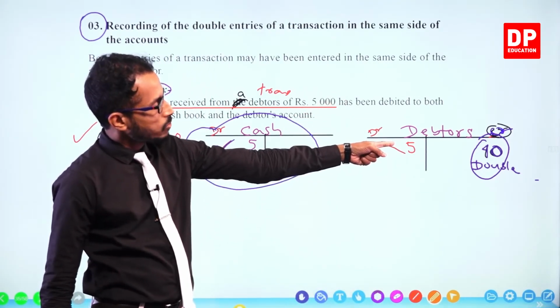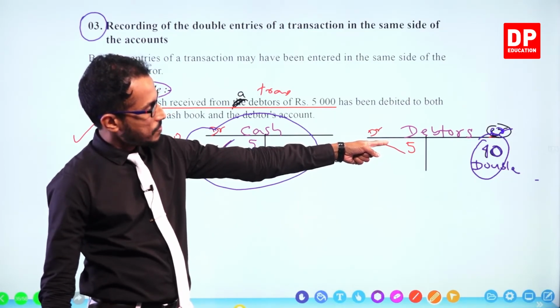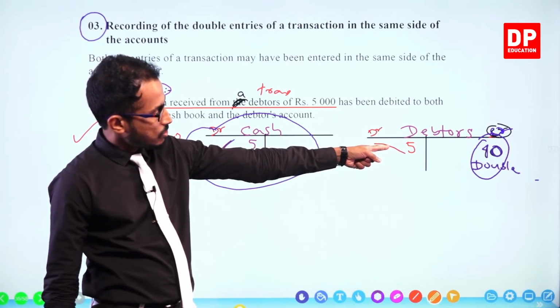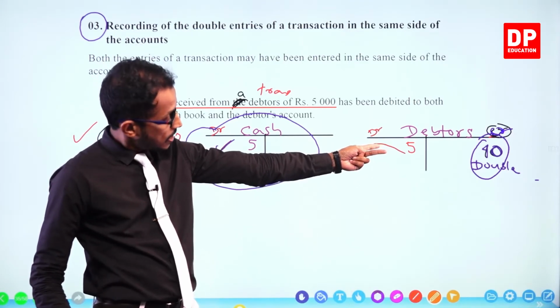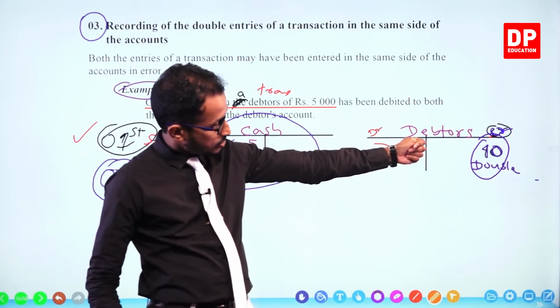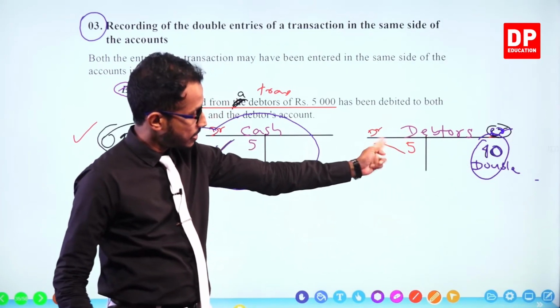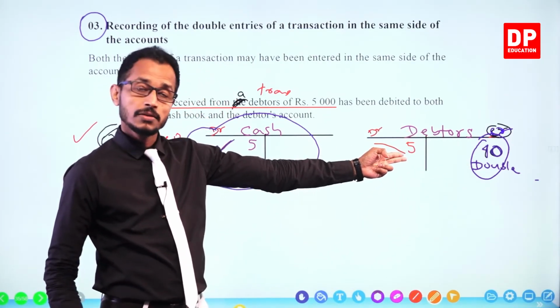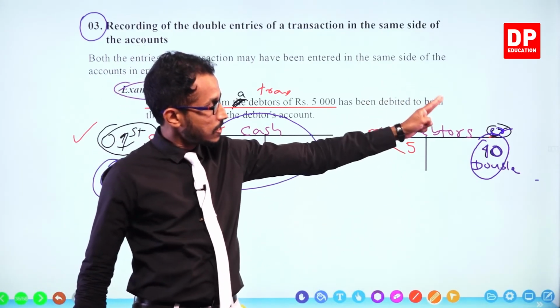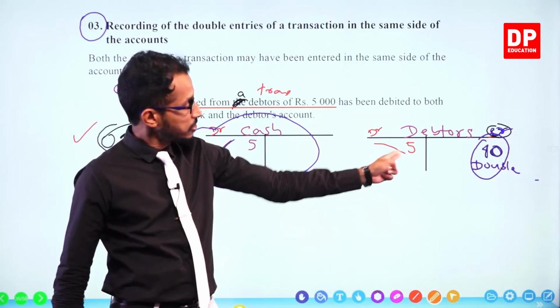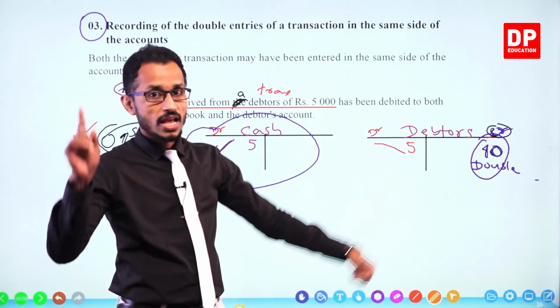The account which has the wrong entry, which means the account which should be credited, if it is debited by mistake, the correction entry should be done with double the value.